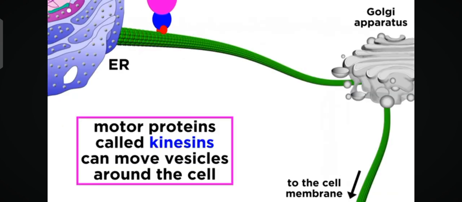Sometimes vesicles utilize motor proteins to deliver their contents to their destinations by moving along microtubules, like from the ER to the Golgi apparatus, or from the Golgi apparatus to the cell membrane.